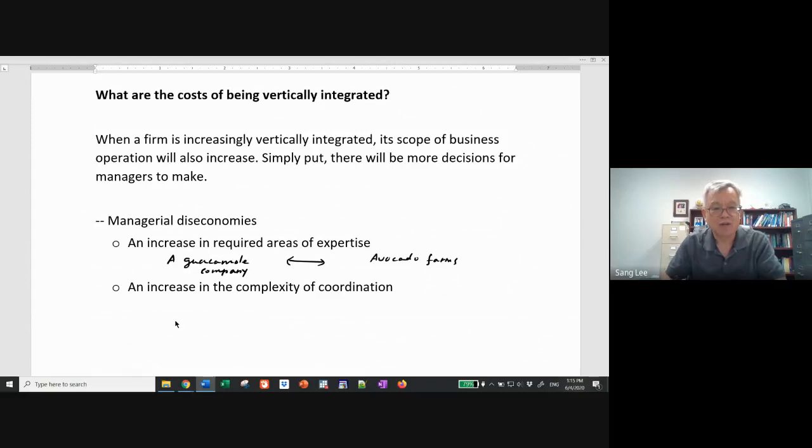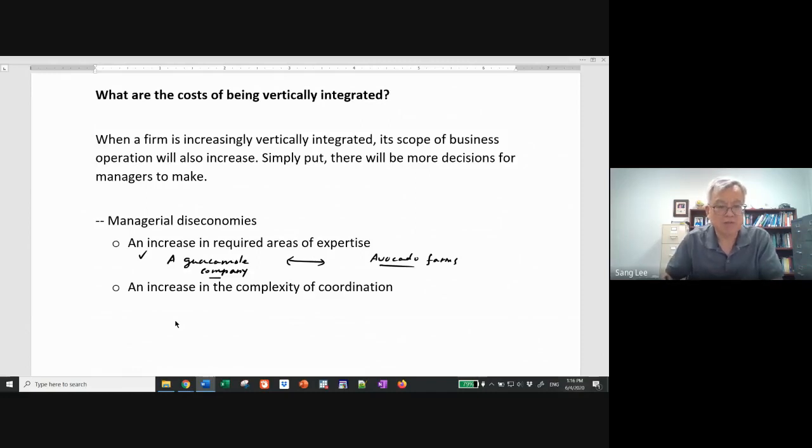Previously, when this company purchased avocados from these farms, they didn't have to know how to grow avocados. But now, if the guacamole company takes over all these avocado farms, the top management of the guacamole company needs to acquire a new set of expertise about how to grow avocados and how to manage farms. So that's an increase in required areas of expertise. That's one example of the cost of being vertically integrated.